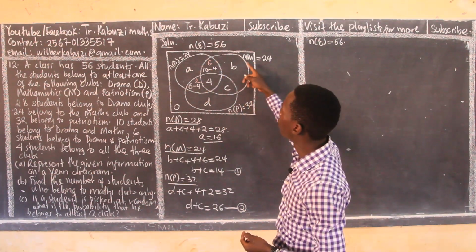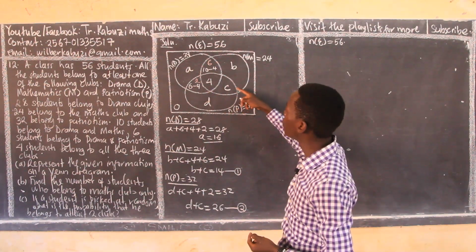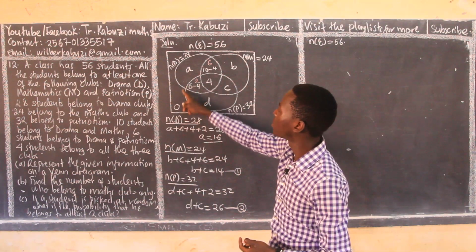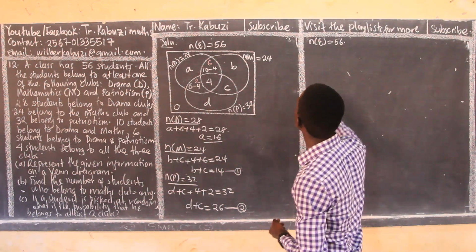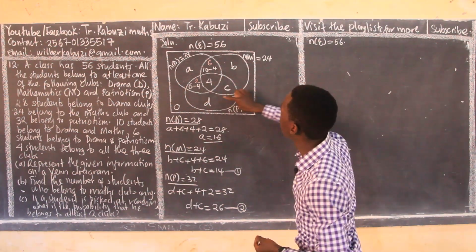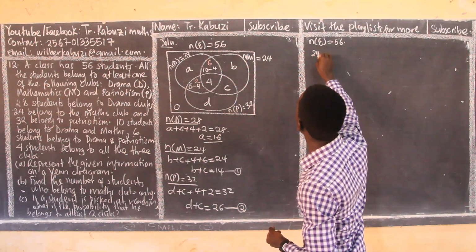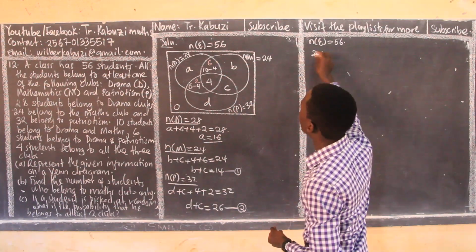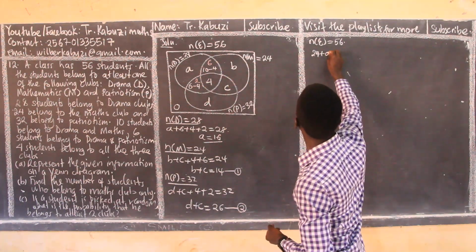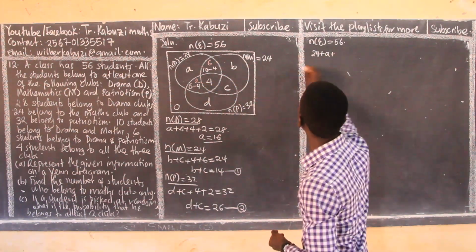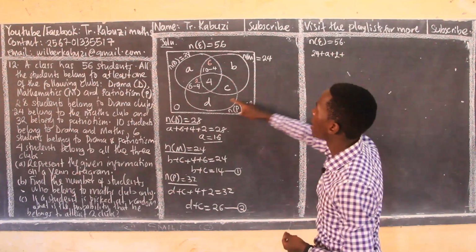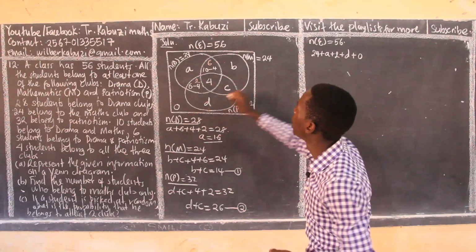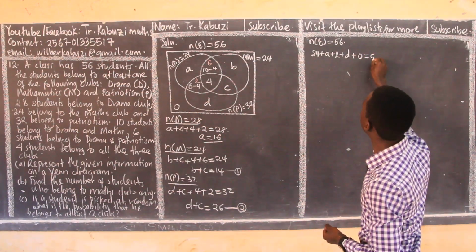Because this one has two unknowns, you say this 24 plus this plus this plus this, you'll get 0. So now when you add the whole of this, which is 24, plus our A plus the 2 plus the D plus the 0, we shall get our 56.